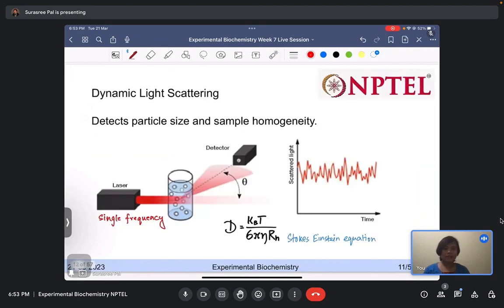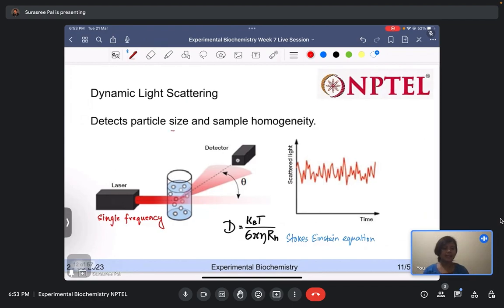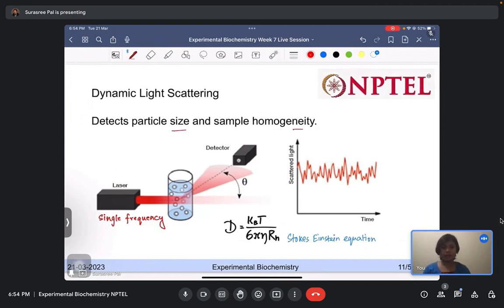So what is dynamic light scattering? Dynamic light scattering helps us to detect the particle size and the homogeneity of the sample. This dynamic light scattering depends on the Stokes-Einstein equation. Here there is a laser of single frequency which gives this light, and the sample is taken here in this tube.